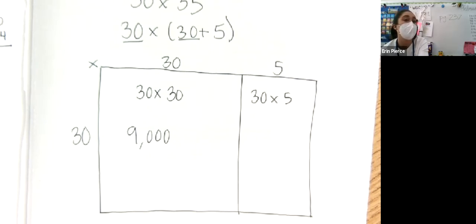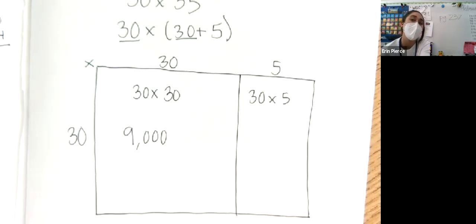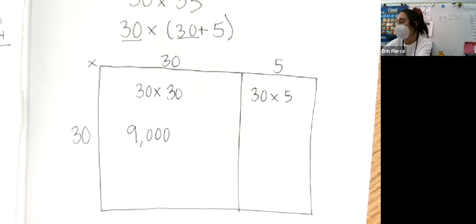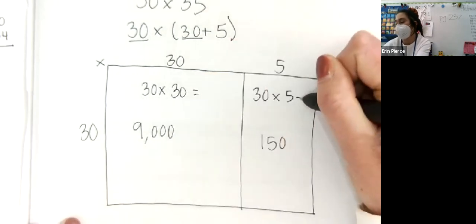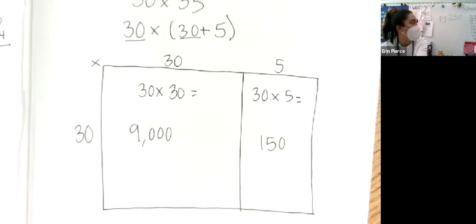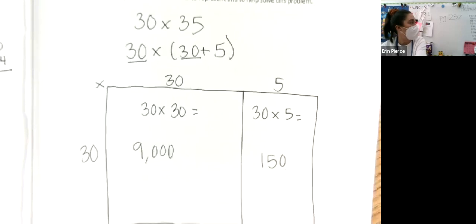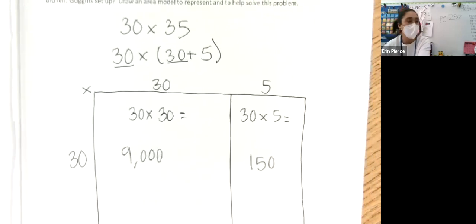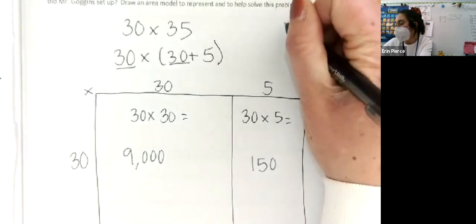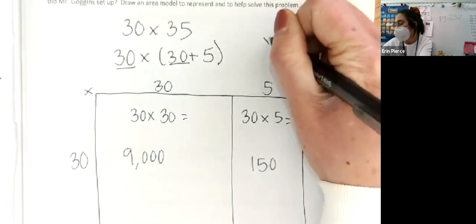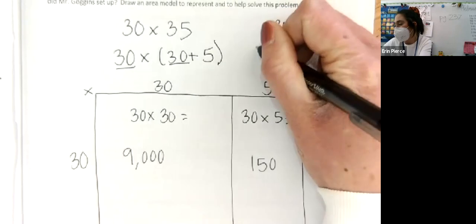When I do 30 times 5, Dylan, are we writing this? 30 times 5, Lucas. 150. Now we go back up, and we're going to do the partial products, which is 30 times 35.